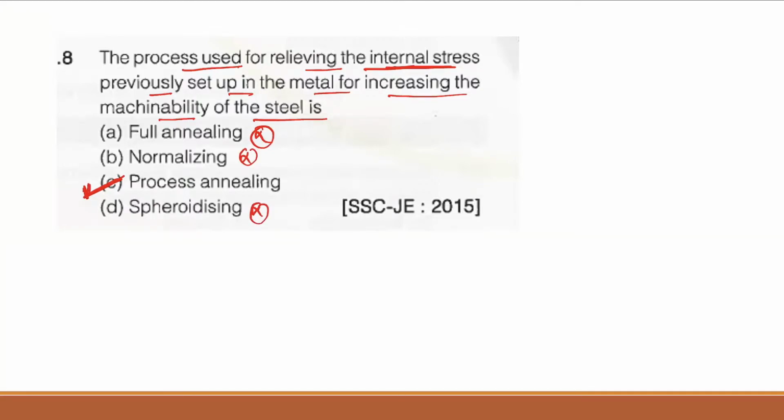Process annealing is used for relieving internal stresses in the metal for increasing the machinability of the steel. So this is also a very important question, guys. Very good chances of this question being asked in the RTO examination, and it came in SSC JE 2015. So the RTO examination has a tendency to ask repeated questions which came in other examinations.